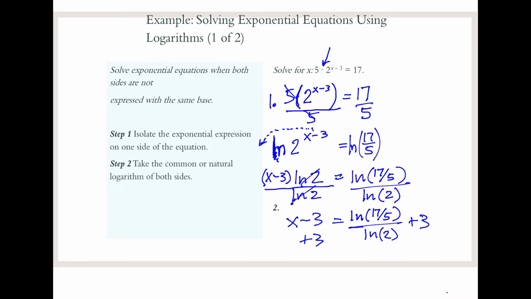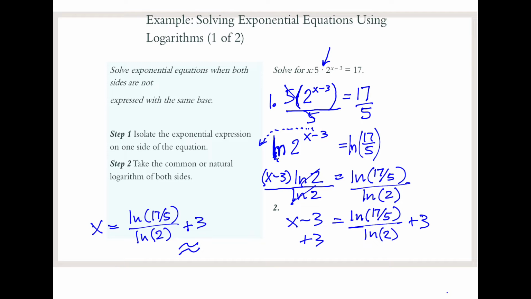So what we have is x is going to be equal to the ln of 17 fifths divided by the ln of 2 plus 3. So now it's just a matter of putting this into our calculators and solving for x and getting an approximate outcome.